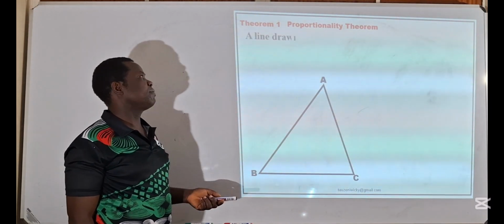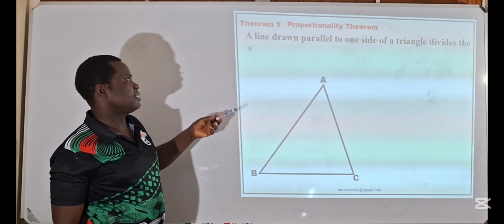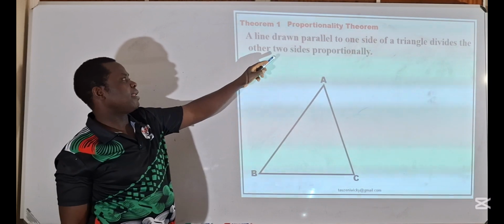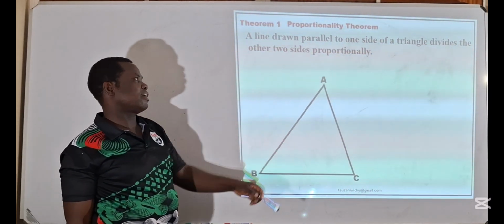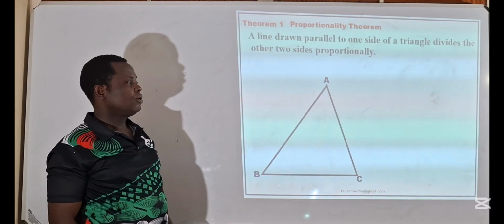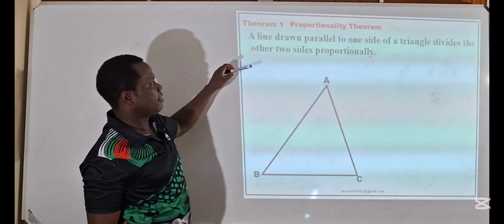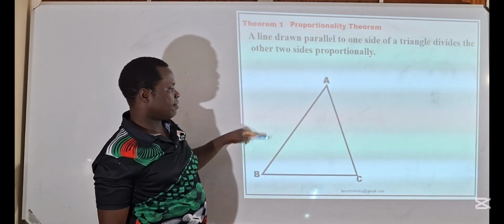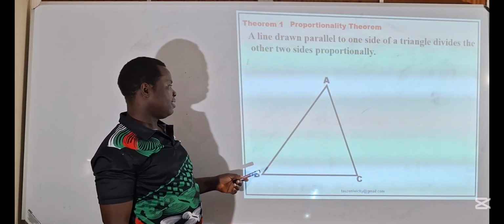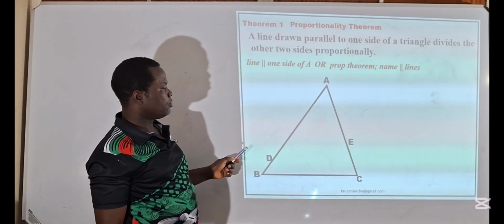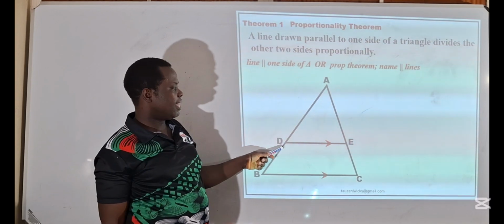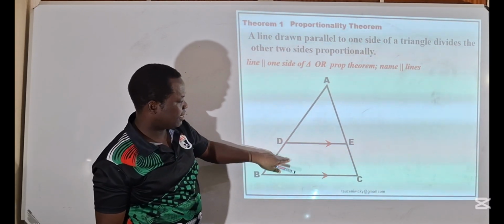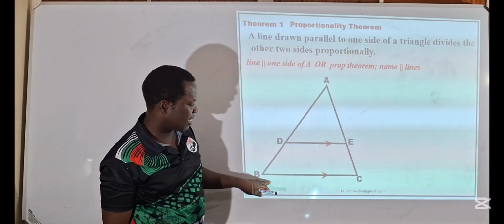Now, the first one that we want you to pay attention to says that a line drawn parallel to one side of a triangle divides the other two sides proportionally. So we are saying here we have a triangle ABC, and in this triangle, if we draw a line inside the triangle, and if this line is drawn in such a way that it is parallel to the third side of the triangle.